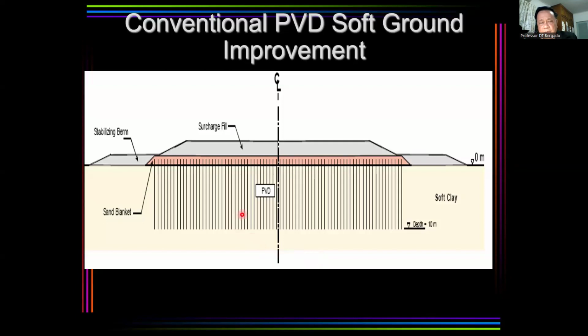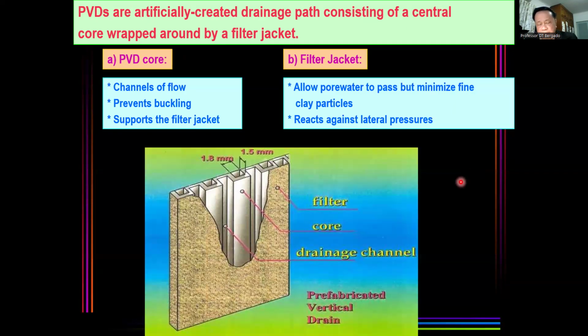For conventional PVDs, we have used some berm to prevent slope failure, and it takes a long time compared to the vacuum drain. You see the PVD is composed of the core and the filter.